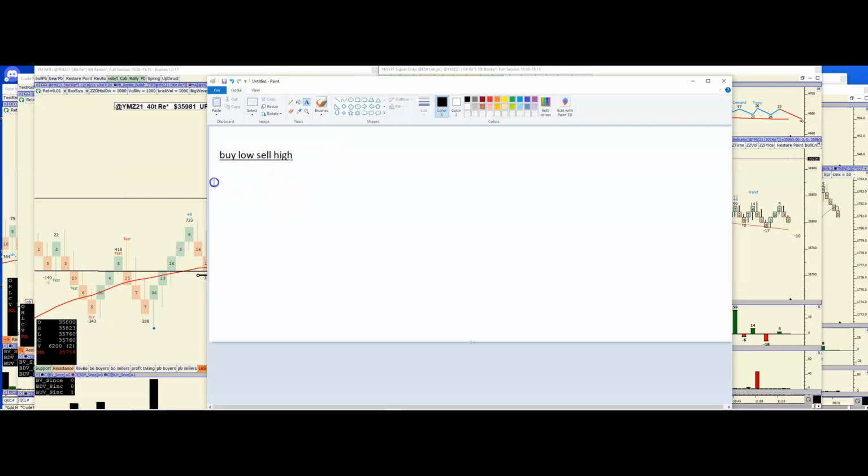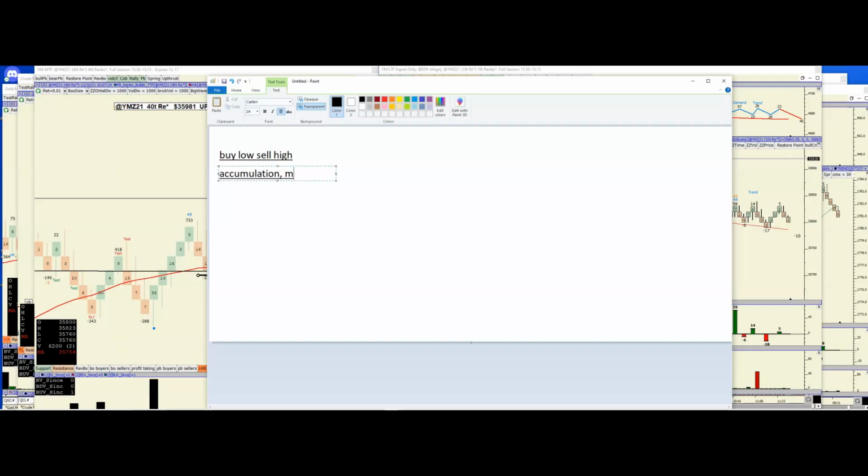Now, from this basic principle, or it's the common sense principle, the next thing that is derived from this is accumulation, markup, distribution, markdown. This is the Wyckoff cycle. Believe me, this is nothing more than buy low, sell high.